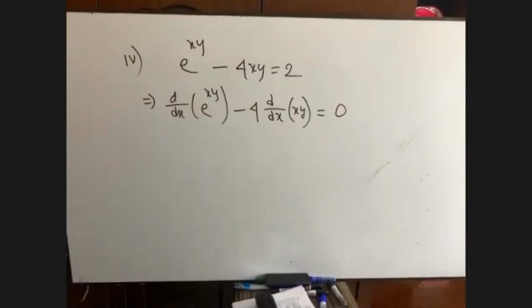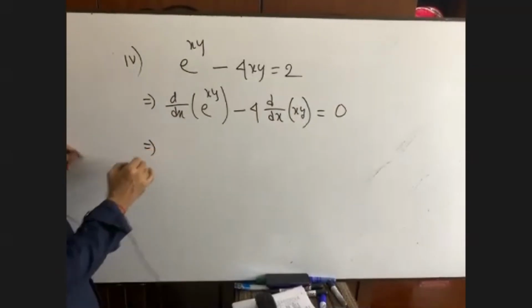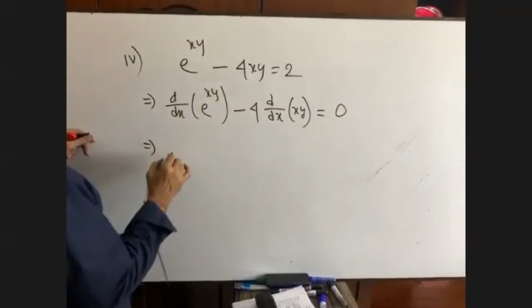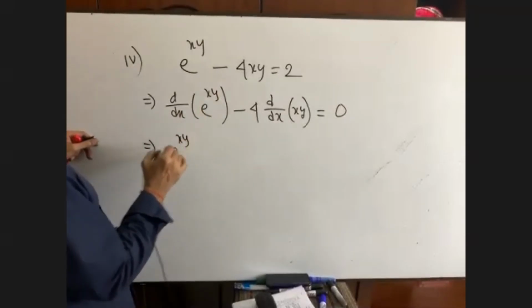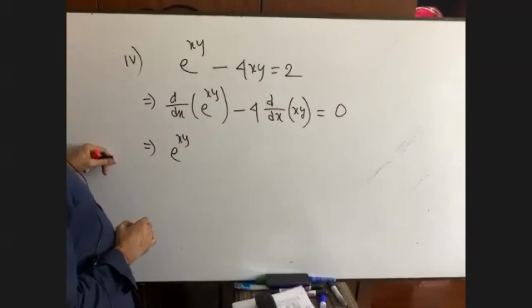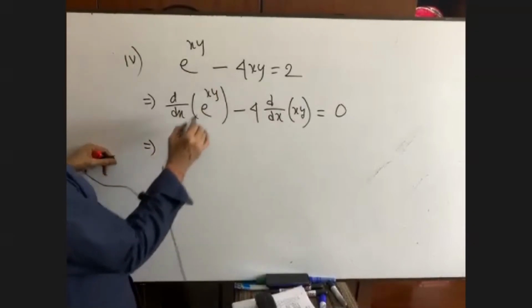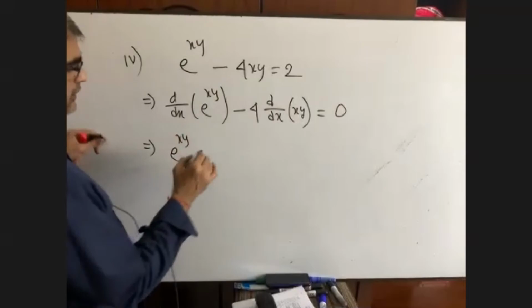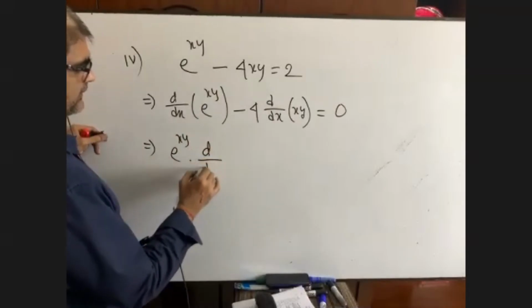Okay. Now let me know, dear students, e to the power x equals to what? e to the power x. But it is not only x. That is to be differentiated again.